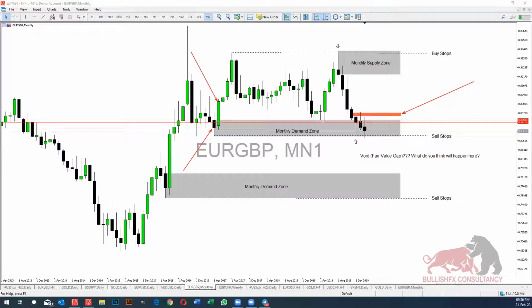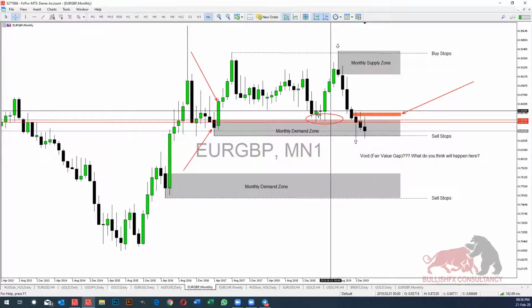Now, see what the market did when it came back to that same level. It went up. So you'd have highlighted it and said, okay, I'm going to be looking for long positions. It came back, and it did offer good opportunities to the upside.